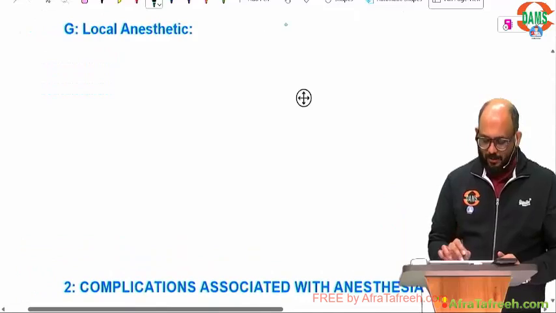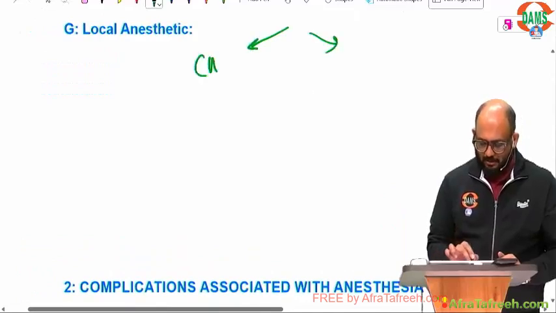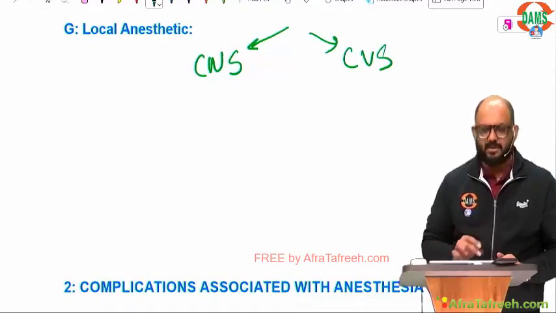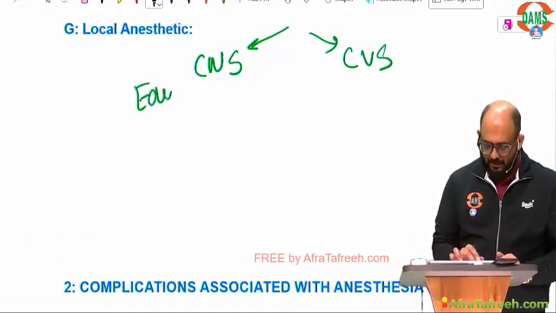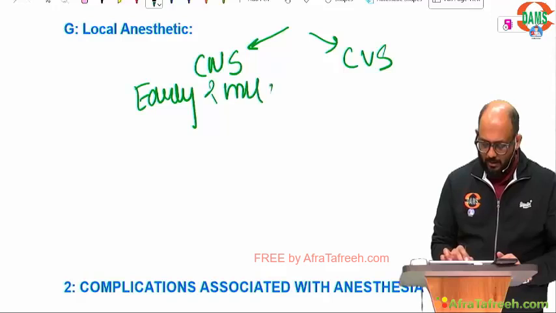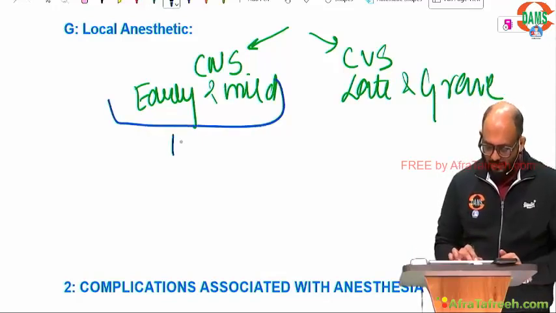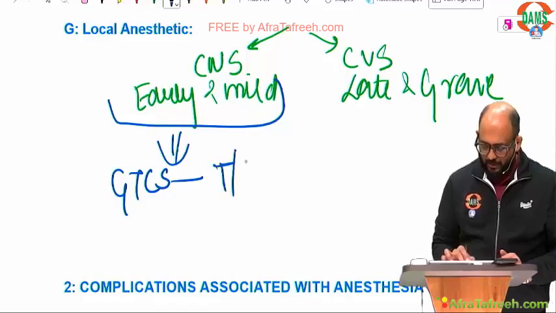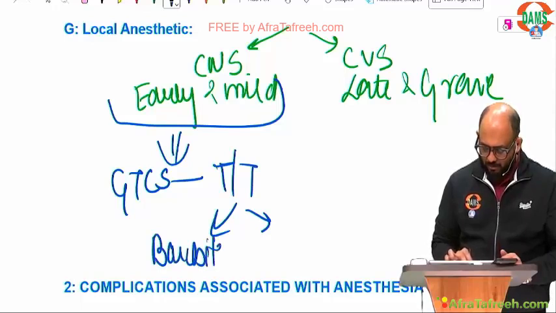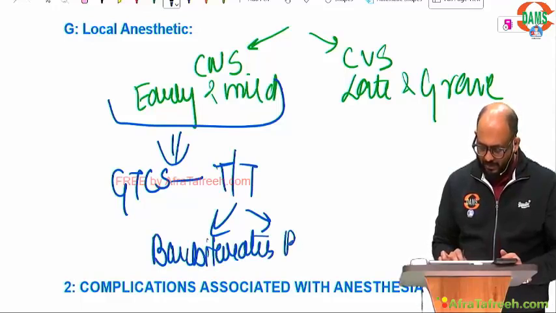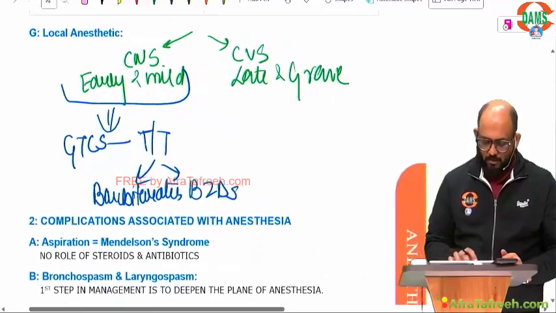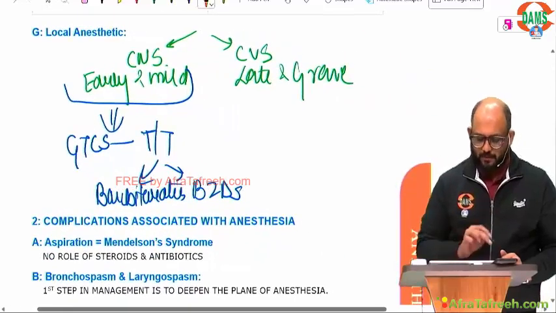Local anesthetic causes CNS and CVS toxicity. CNS is early and mild. CVS is late and grave. The most important problem with CNS toxicity is GTCS, which is treated using barbiturates or benzodiazepines.